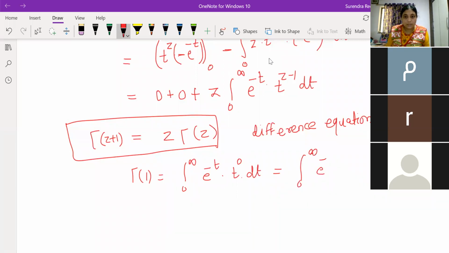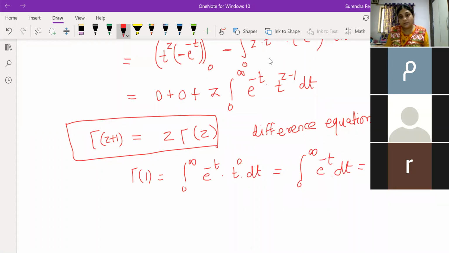The integration from 0 to infinity of e raised to minus t dt is minus e raised to minus t from 0 to infinity. That is 0 plus e raised to 0, which is 1. Gamma 1 is 1.